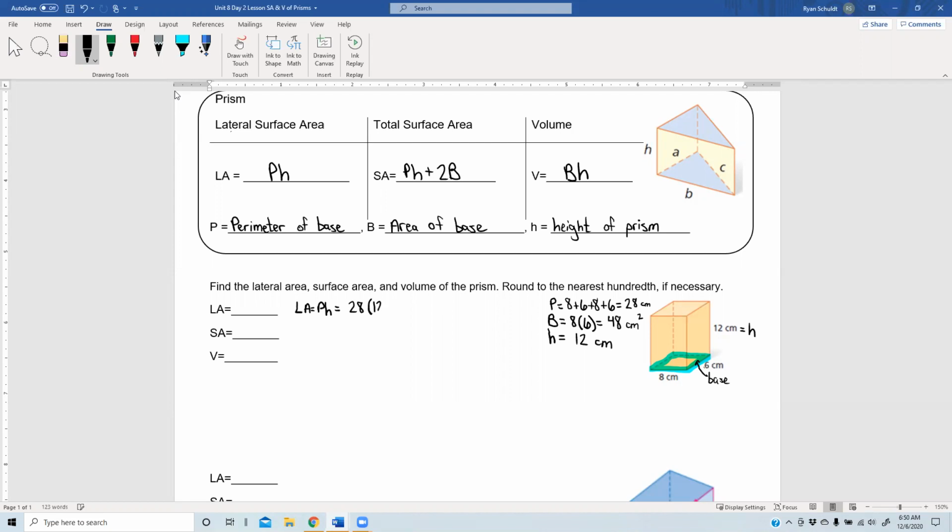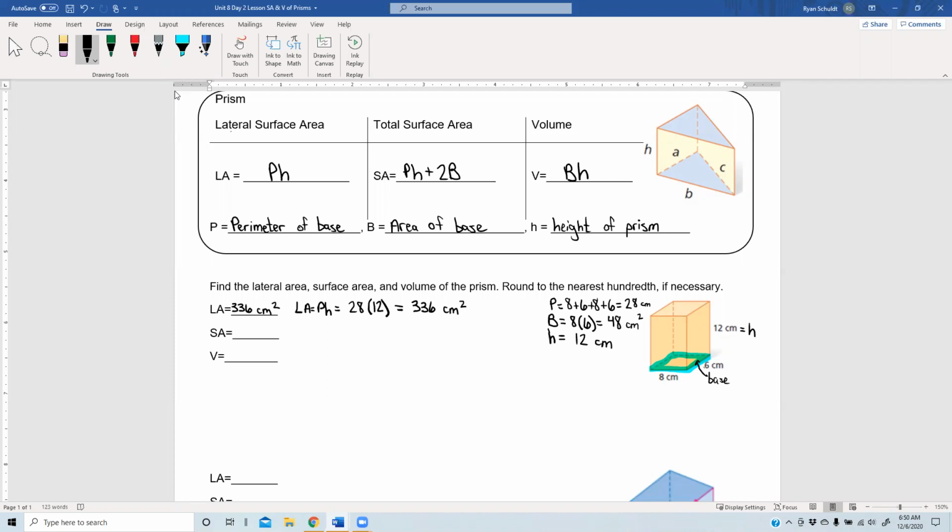H was 12. So you do 28 times 12. That gets you 336. We're going to be in centimeters squared. So that's our lateral surface area, 336 centimeters squared.